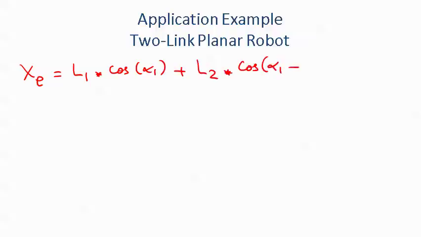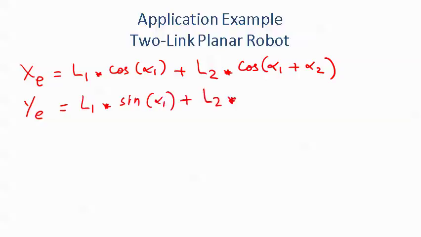So XE will be equal to L1 times cosine of alpha 1 plus L2 times cosine of alpha 1 plus alpha 2, and YE is equal to L1 times sine of alpha 1 plus L2 times sine of alpha 1 plus alpha 2.